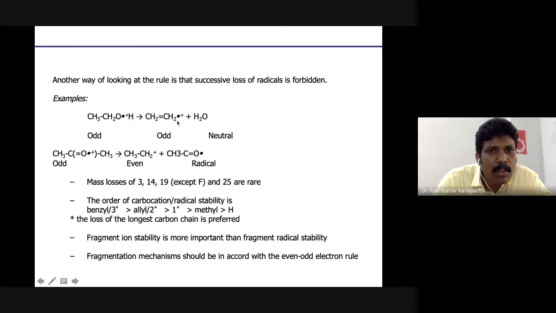So this will definitely lose either one neutral species and a radical, but it will not give two radicals. That is the point I'm trying to say. You cannot write this is one radical and this is one radical. It never does that. It loses one neutral species and one radical. On the other hand, it can lose one even electron species plus one radical. Those are the two possibilities with regard to that.